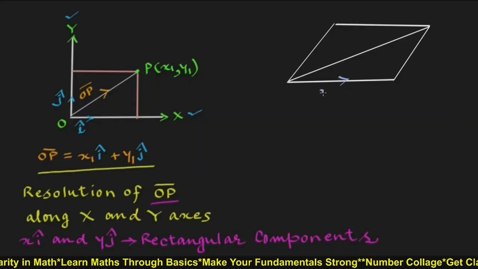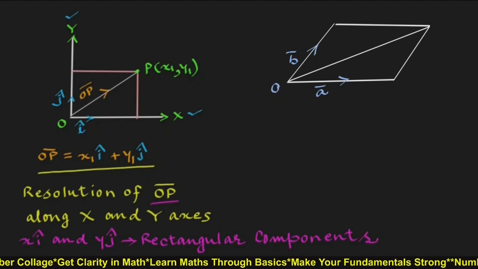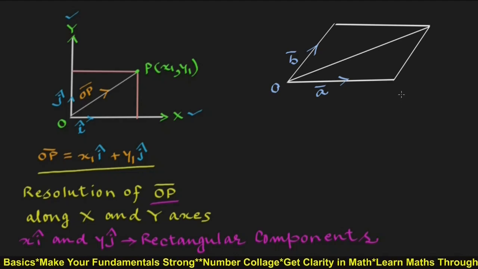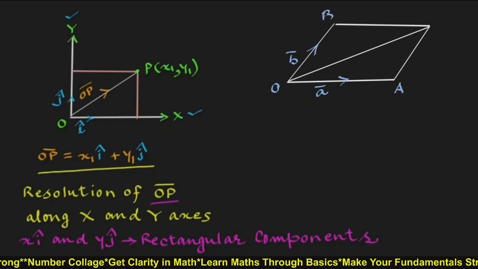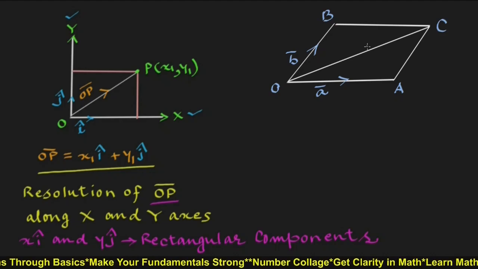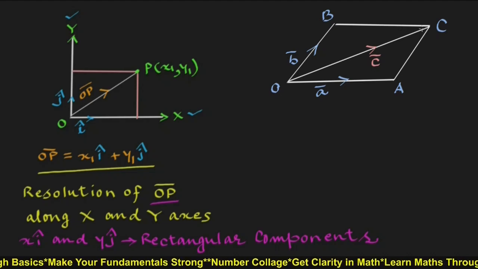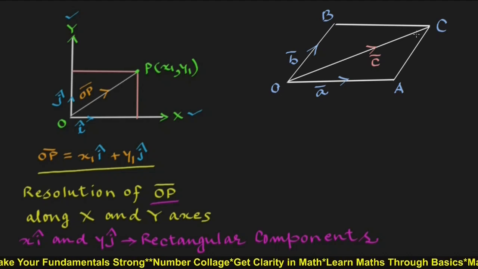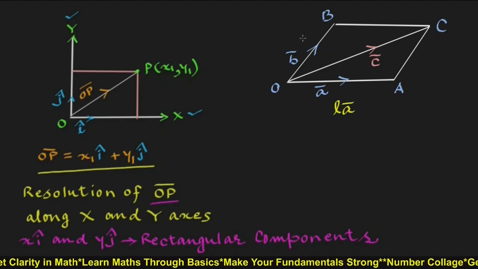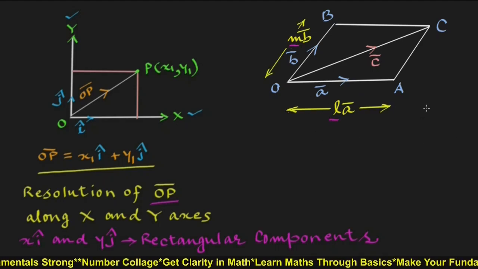Also, vector A bar and vector B bar, which emerge from point O, are any two vectors which, as we know, are always coplanar, which also form adjacent sides OA and OB of parallelogram OACB, and a third vector C bar coplanar with A bar and B bar along the diagonal OC bar of this parallelogram if length OA is LA bar and length OB is MB bar, where L and M are any two non-zero scalars.